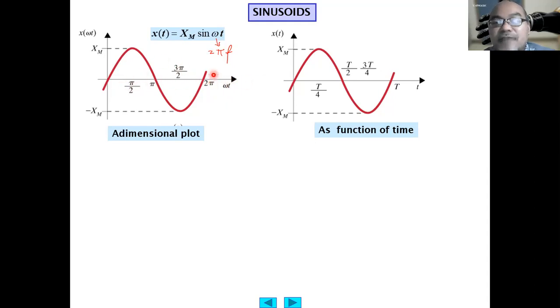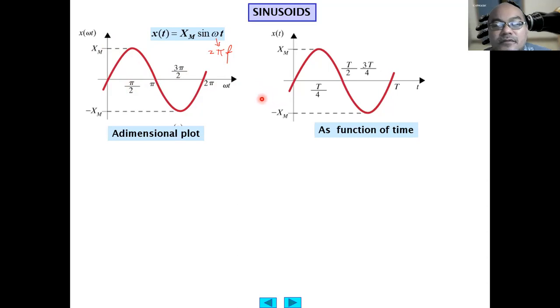This is basically the phase of that signal, and it comes back to the original cycle when it reaches 2 pi, or an integer multiple of 2 pi. So x(t) equals Xm sine omega t, and sine is maximum when omega t equals pi over 2.